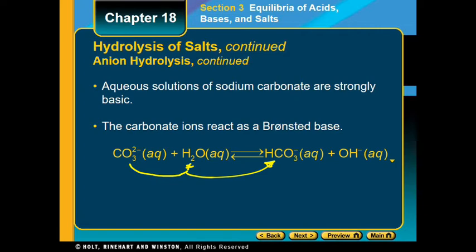If I were to look at the actual breakdown of this, you could think of it as sodium carbonate. So there's our salt. Sodium carbonate breaks down into the sodium ion and the carbonate ion. Again, if I think of where the sodium ions normally come from, they come from sodium hydroxide, which is a strong base.